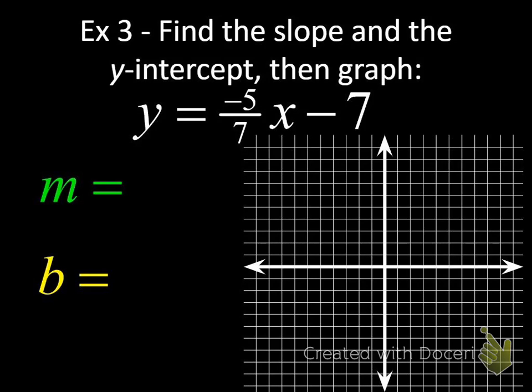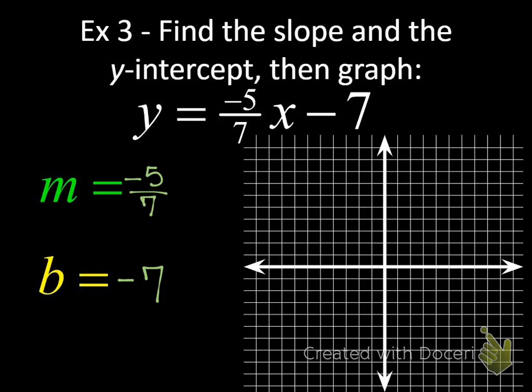Okay. What is my y-intercept? -7. How'd you know that was the y-intercept? It's the number that is by itself. What's my slope? -5/7.